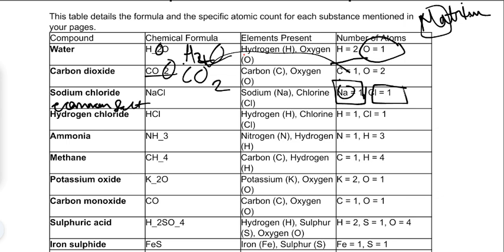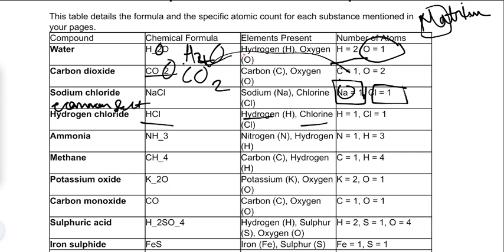Na refers to sodium. Hydrogen chloride is HCl. The elements present are hydrogen and chlorine. Number of atoms of hydrogen is 1 and chlorine is also 1. Ammonia is NH3.